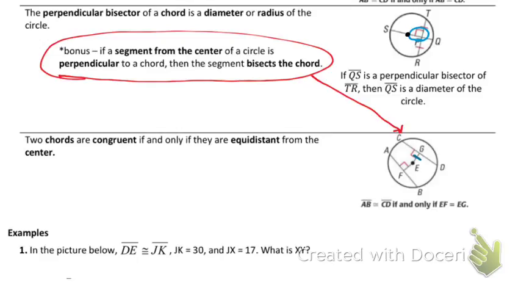These are distances. And right now I'm saying CD is the same distance away from the center as AB. Do we see that? Since they are the same distance, that means AB is congruent to CD. And that's because EF is congruent to GF.